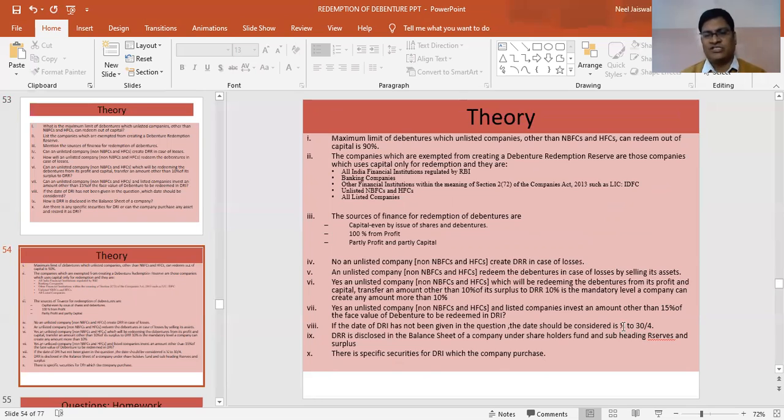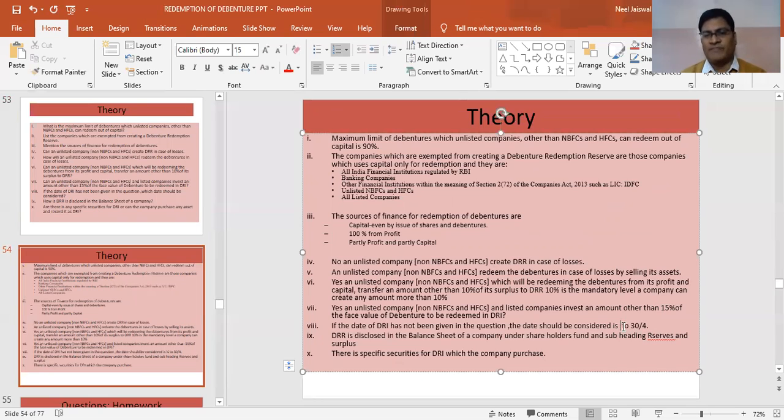You write 1st April. Between 1st April and 30th April, they can redeem the debentures.